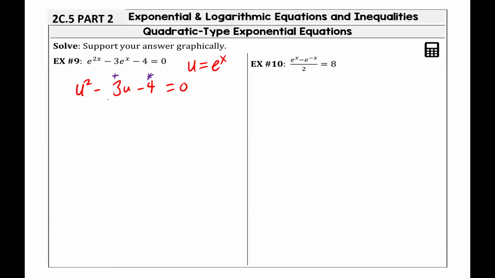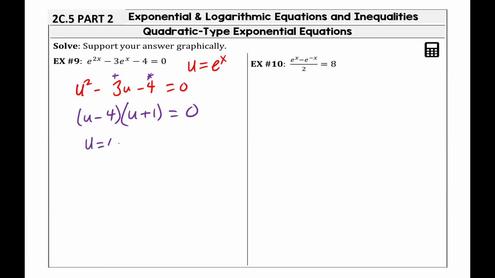A -4, because I need my result to be negative. So it would be u minus 4 and u plus 1 equals 0. That means u equals what? Exactly. Look at you killing it.